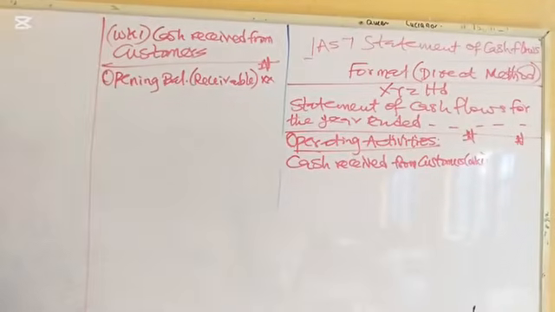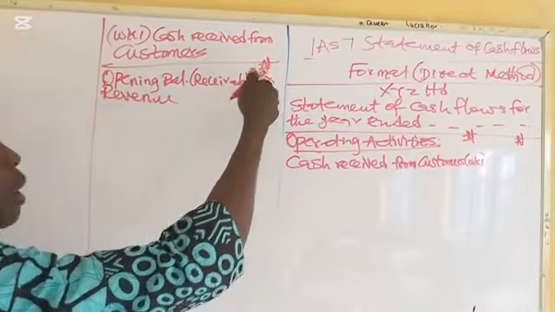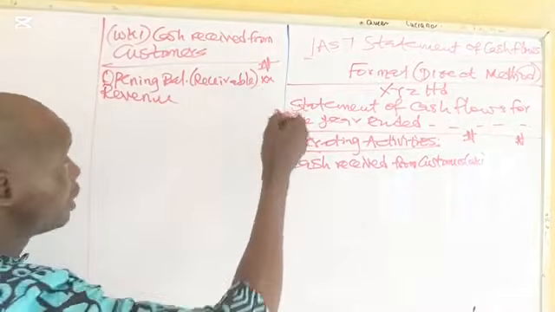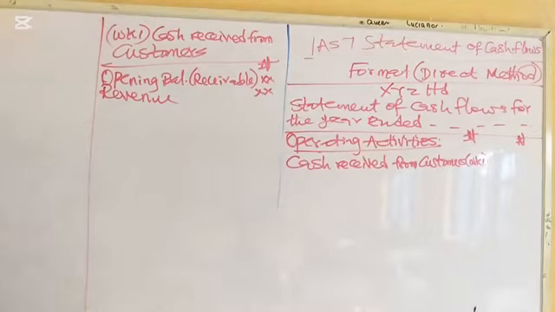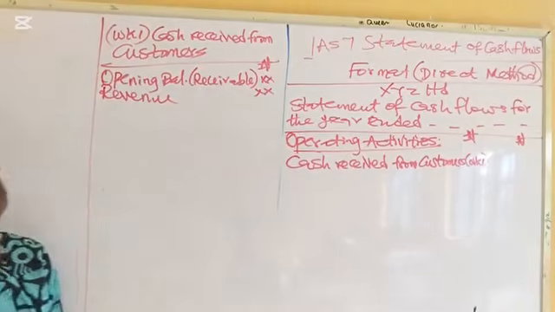So, if your revenue is on credit, customers will owe you this at the beginning. You make more sales on credit. What will happen to the amount customers are owing? It increases. That is why you add your revenue.